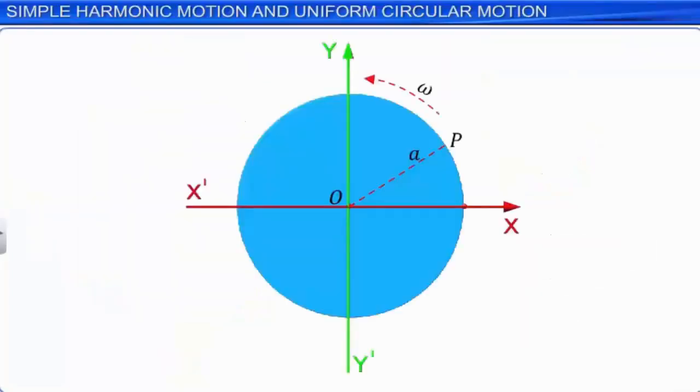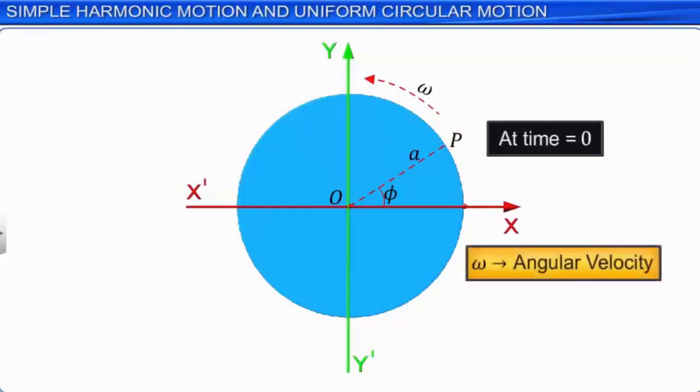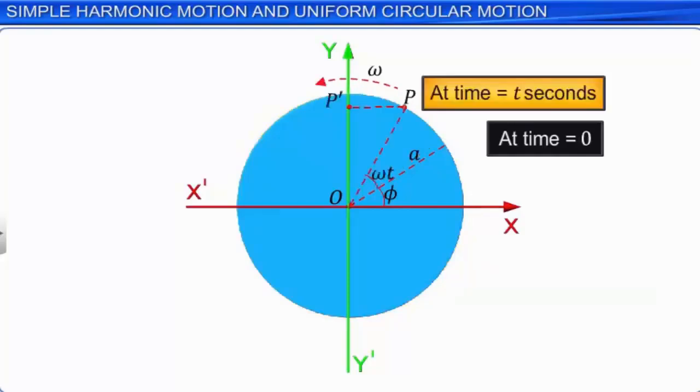In another case, consider the position of the particle P at time t = 0, such that OP makes an angle φ with the x-axis. It then executes uniform circular motion with angular velocity ω along the circumference of the reference circle. At the end of t seconds, the position of the particle is such that OP makes an angle ωt + φ with the x-axis.